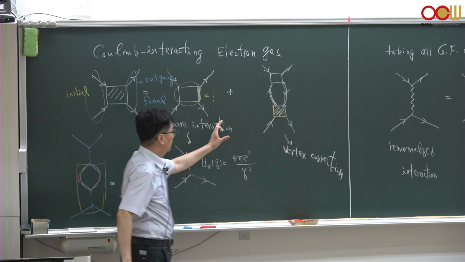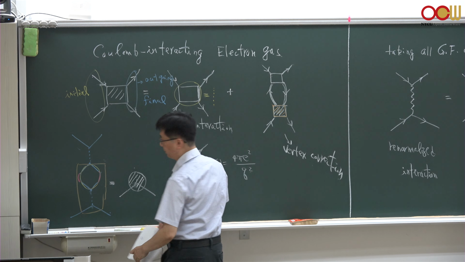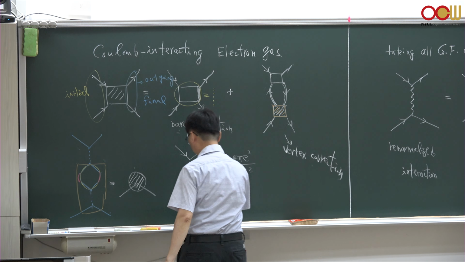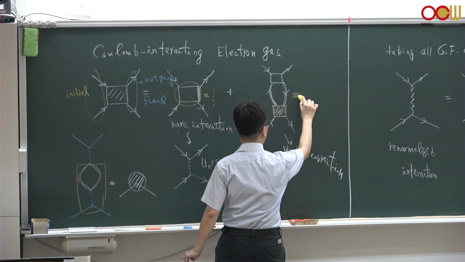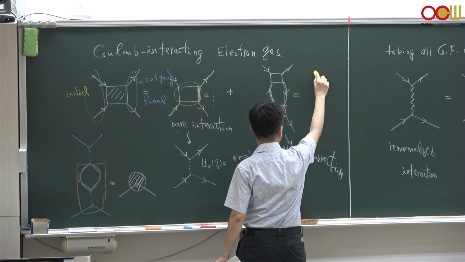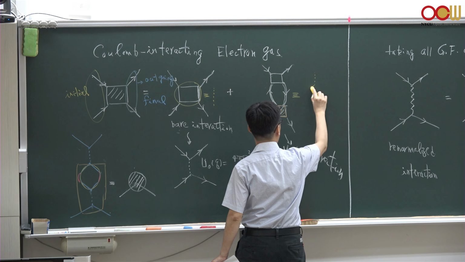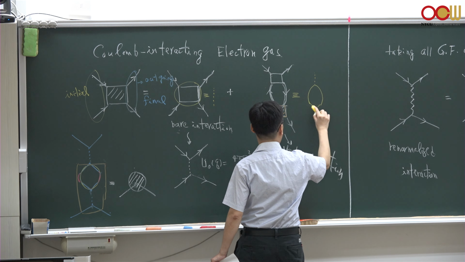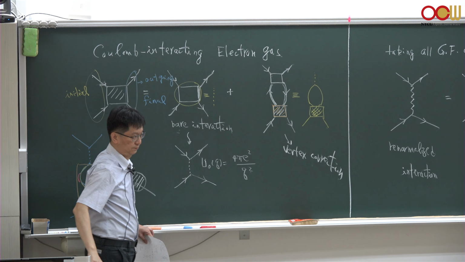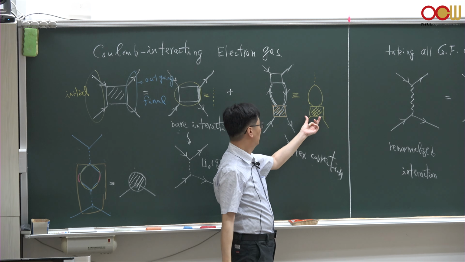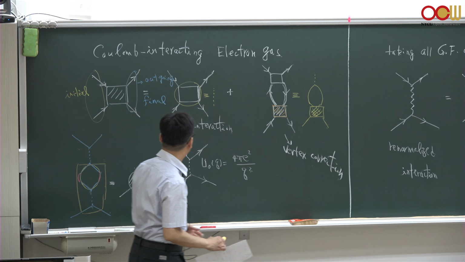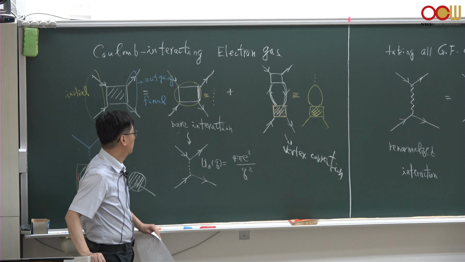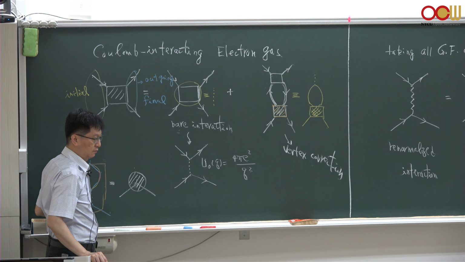But you could have additional contributions coming from this bubble in the middle of this dashed line, and this is represented by this kind of a cartoon picture. So you could consider this as just some kind of dashed line, but you have some kind of propagator in the middle, and then another fully dressed vertex. So this shaded yellow box or orange box represents, again, an infinite number of bubble diagrams that you could insert in between these two dashed lines.